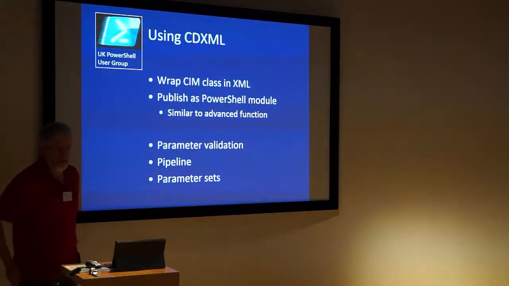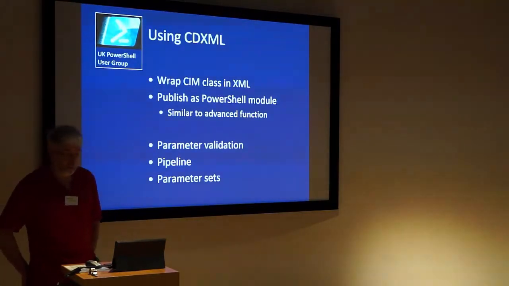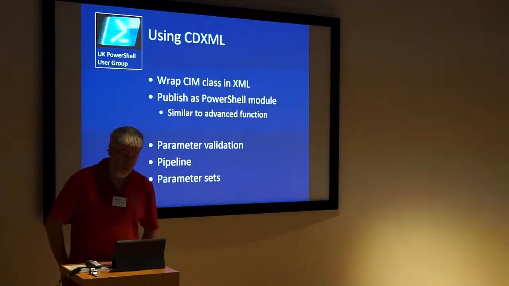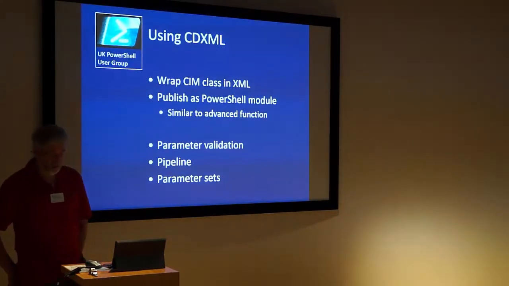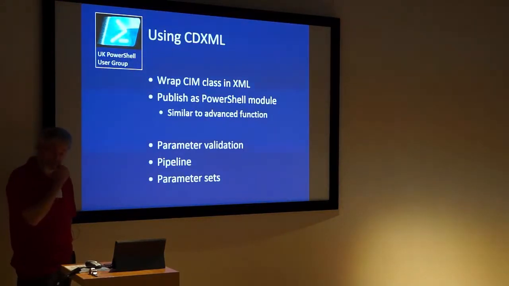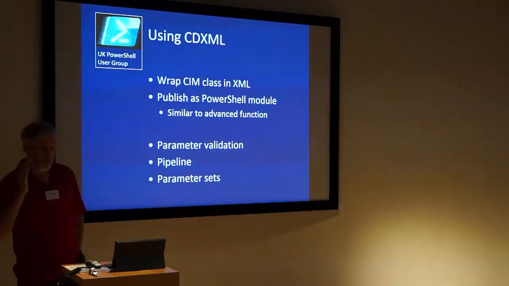You create the XML file, you save it as .cdxml, put it on your PowerShell module path, and it's a module. It works exactly the same way as other modules. It auto-loads, Get-Command exposes the cmdlets in it, and so on and so on. You get things like parameter validation, get it to work on the pipeline, accept values across the pipeline, work with parameter sets.